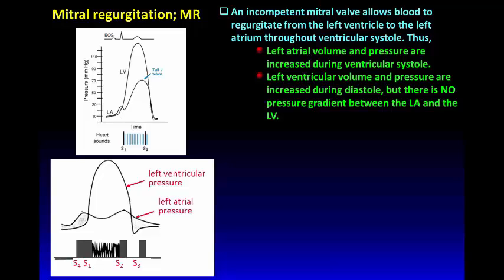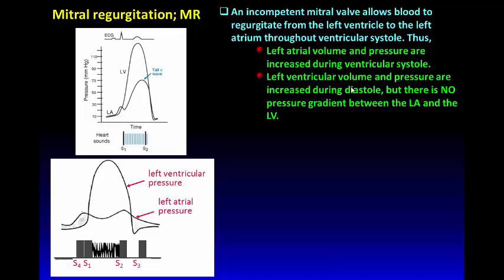So an incompetent mitral valve allows blood to regurgitate from the left ventricle into the left atrium throughout ventricular systole. As a result, left atrial volume and pressure are increased during left ventricular systole.